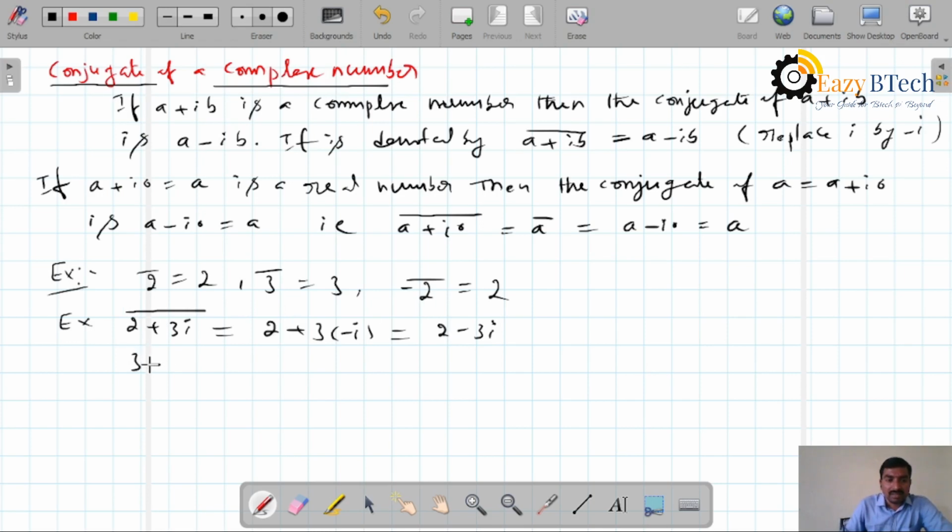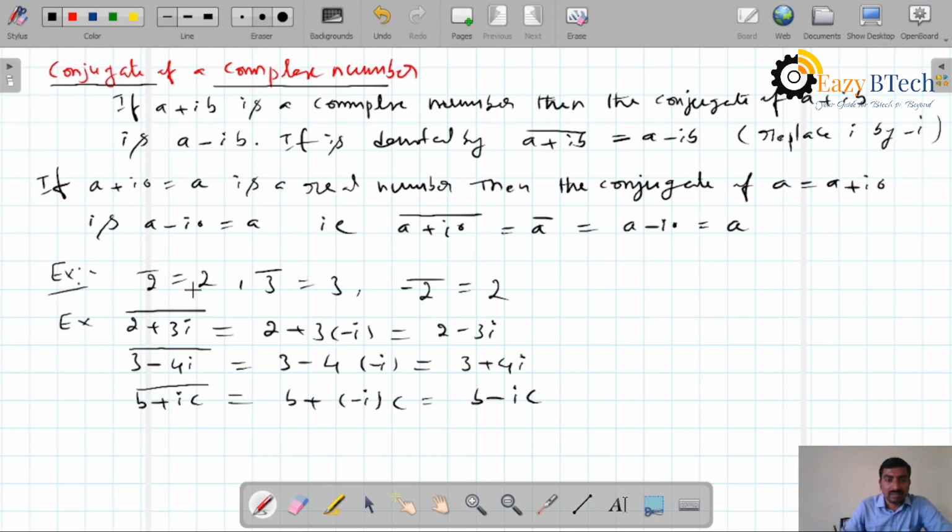Similarly, for 3 minus 4i, replace i by minus i, then minus into minus is plus, therefore 3 plus 4i. For b plus ic, at the place of i we replace minus i, then we can write b minus ic. So these are the examples for the conjugate of a real number and the conjugate of a complex number.